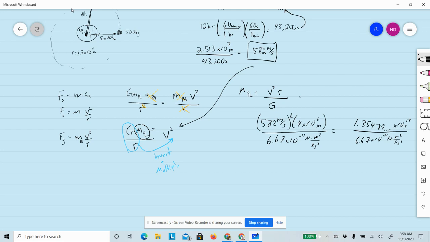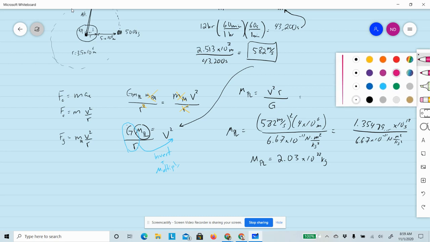And we get the mass of the planet equal to pretty much 2.03 times 10 to the 22nd kilograms. In terms of units, how does that work out?